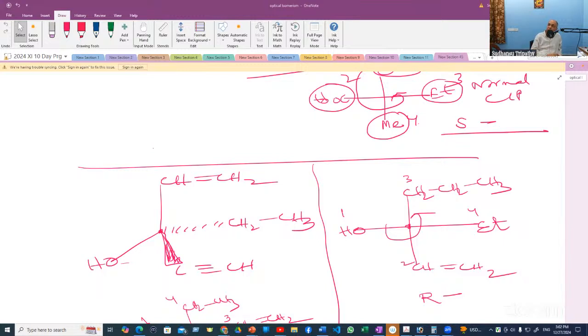What is Fisher formula? And then learned CIP rule to determine the absolute configuration R or S.